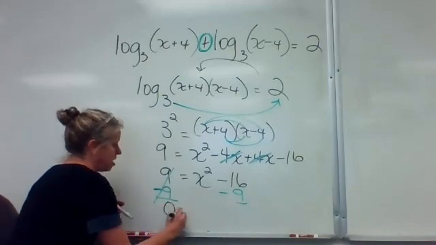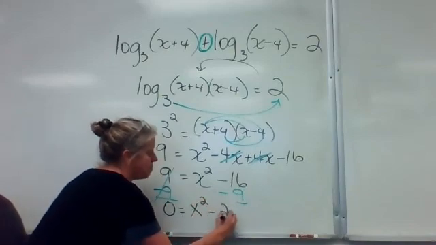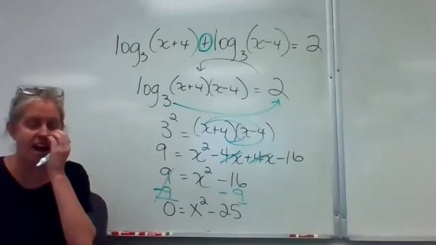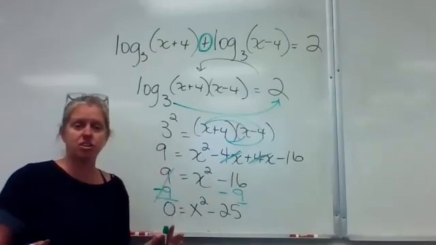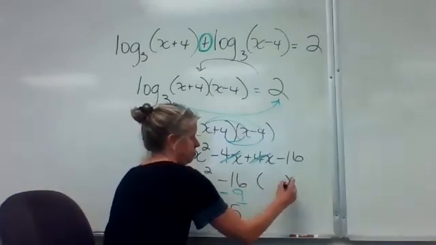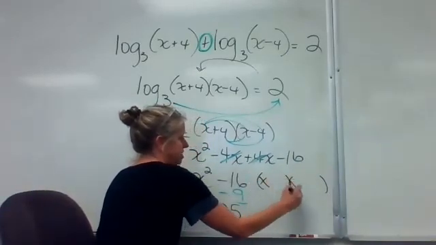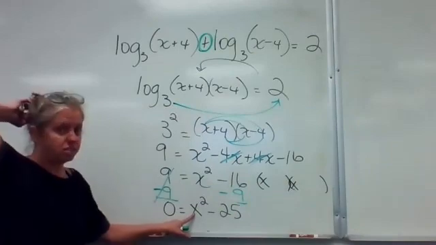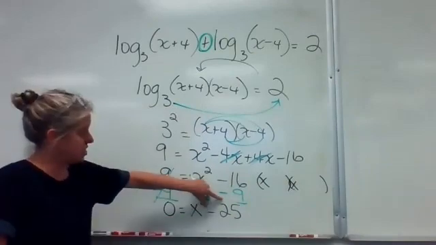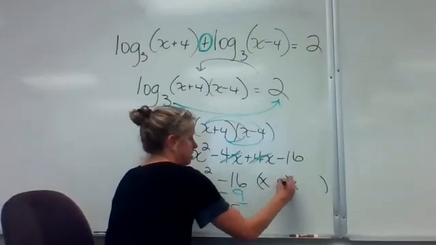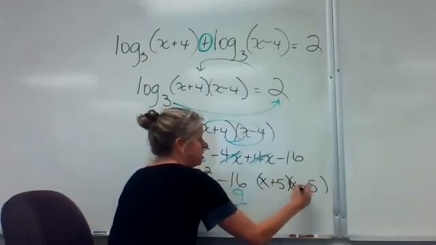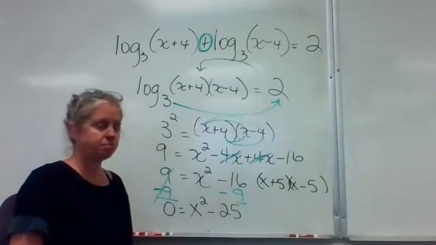So 0 equals x squared minus 25. You can put that in quad, or it's just a difference of squares. I can factor this. If you factor, it's x and x for the x squared. And then what's the same number that you multiply together and get 25? 5 and 5, one's a plus and one's a minus.